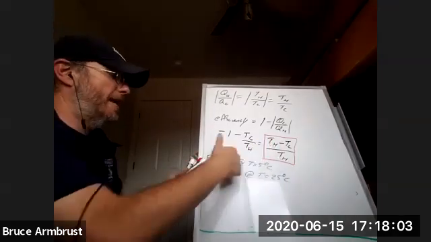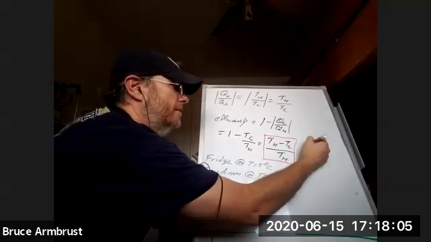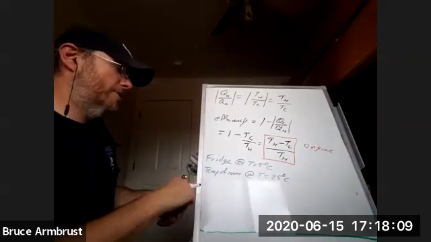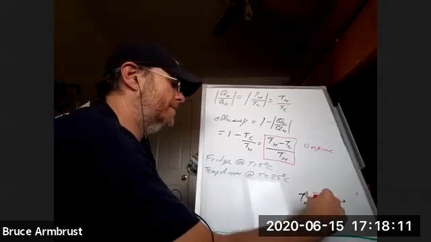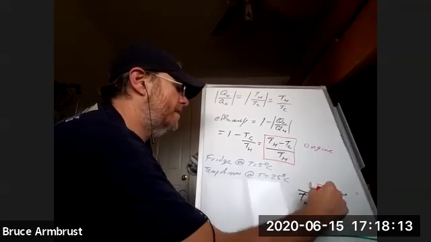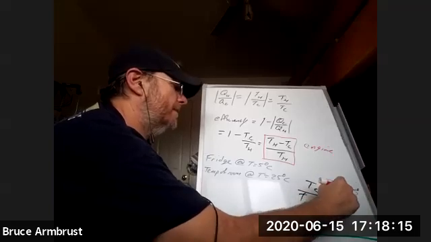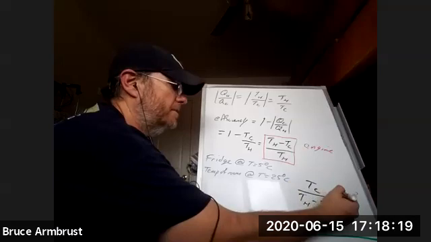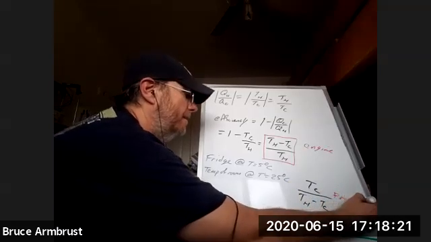So this would be for an engine. And then for the fridge, if we're going to go backwards, on the bottom is going to be your TH minus TC, and then on top, it's actually TC. So this will make you feel a little bit better.